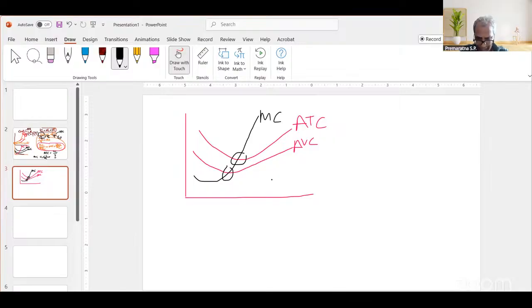And in the long run, there is no fixed cost. All the inputs are changing, there is no fixed input. So in the long run, you have only one average cost curve.